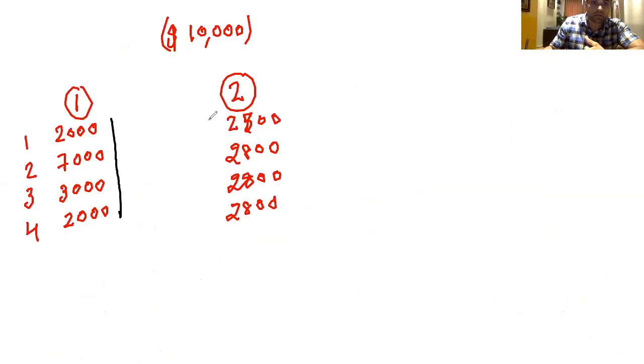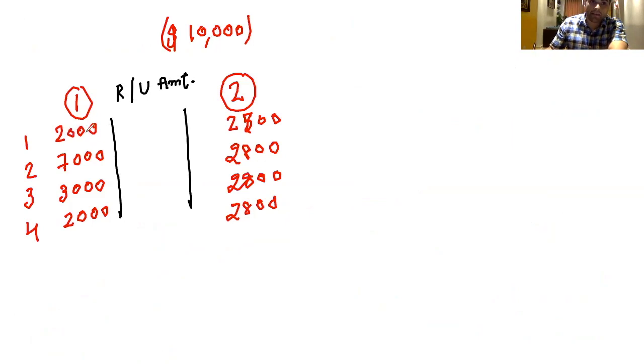So I'm going to write one more column, which you can call recovered or unrecovered amount. So I invested $10,000.